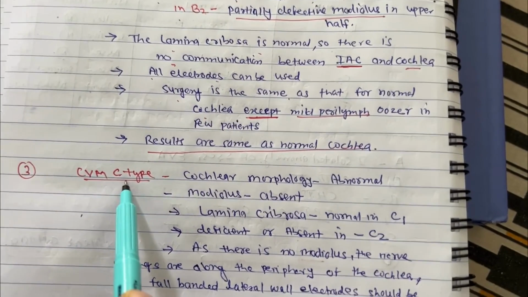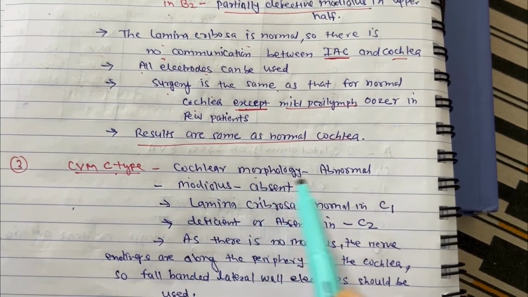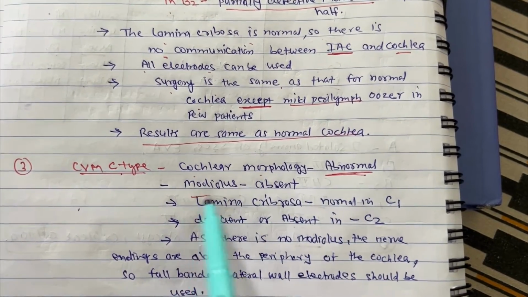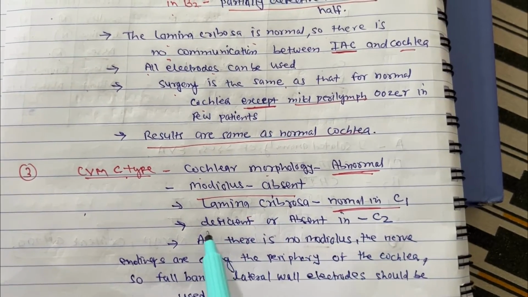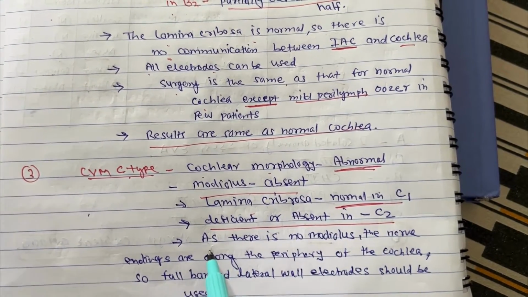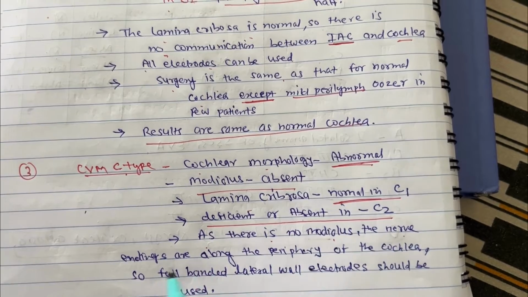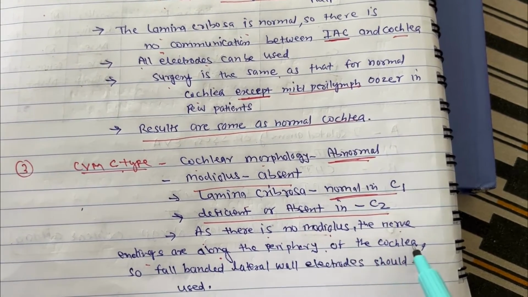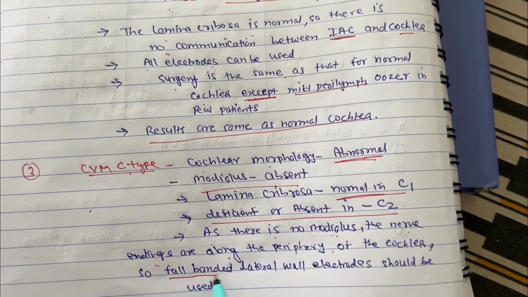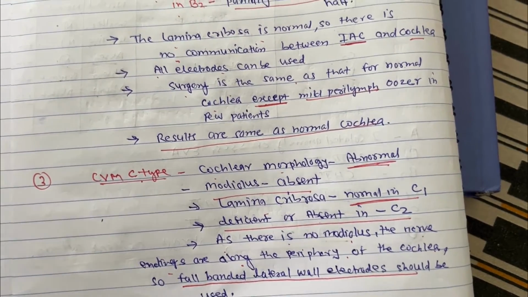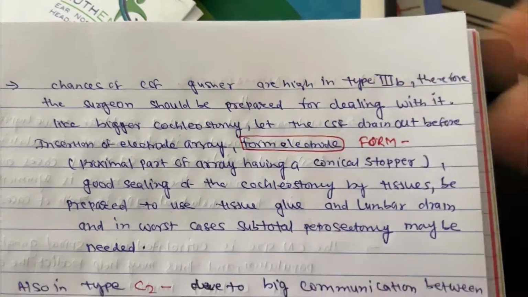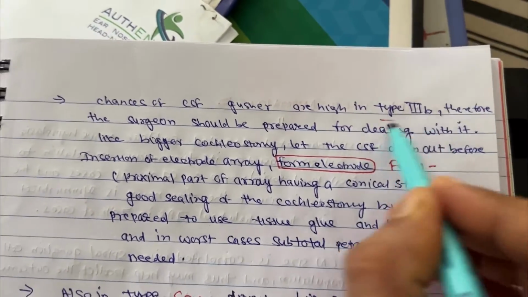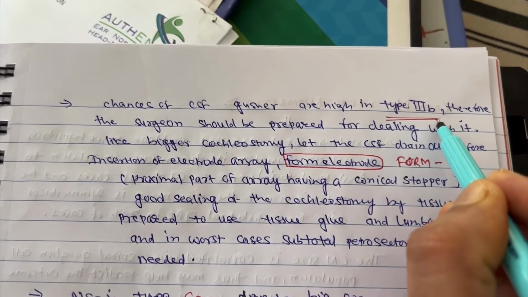CVM type C, there is abnormal cochlear morphology, modiolus is absent, lamina cribrosa is normal in C1 and deficient or absent in C2. As there is no modiolus, the nerve endings are along the periphery of the cochlea, so a fully banded lateral wall electrode should be used. The chances of CSF gusher are high in type C2.